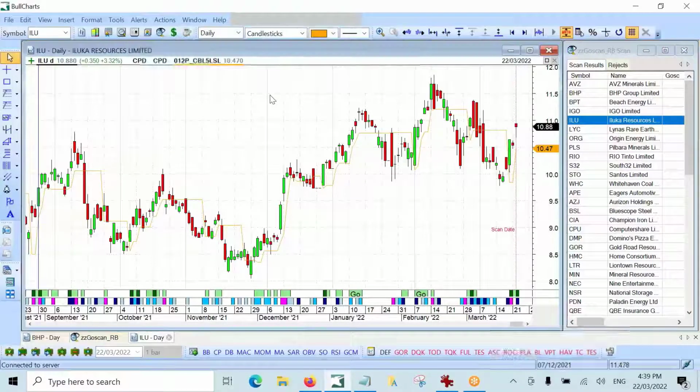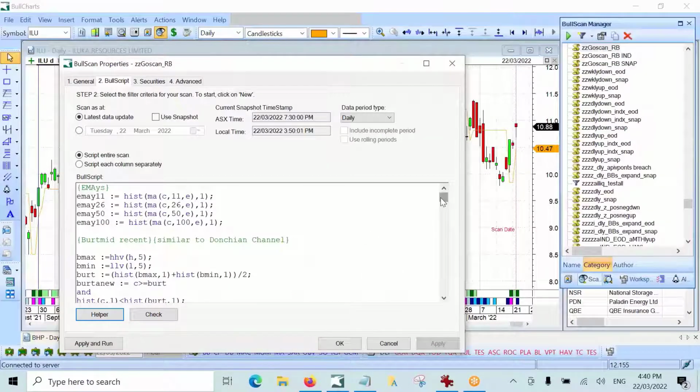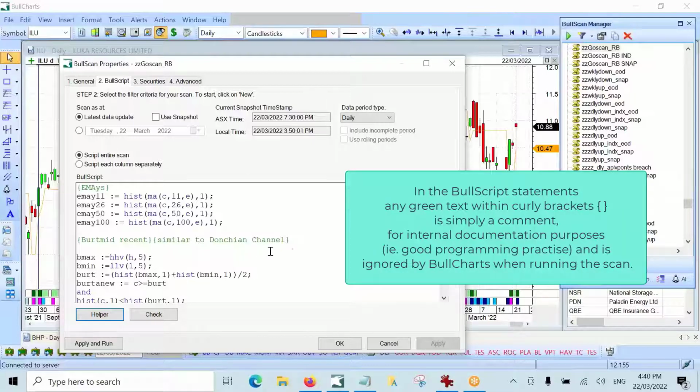Bill, while we're waiting for questions, can you show us the scan again, please? Right, thanks, Phil. I thought it would be useful to point out for anyone who hasn't really seen BullScript much before, that in the script and in scans and indicators, what you can see there that's coloured in green in the curly brackets is actually text.